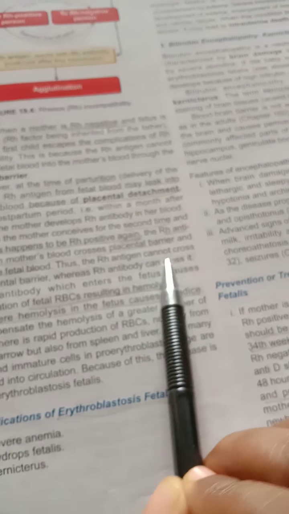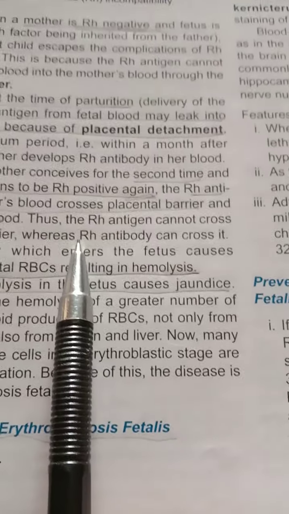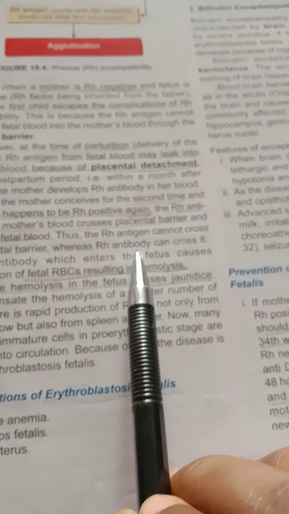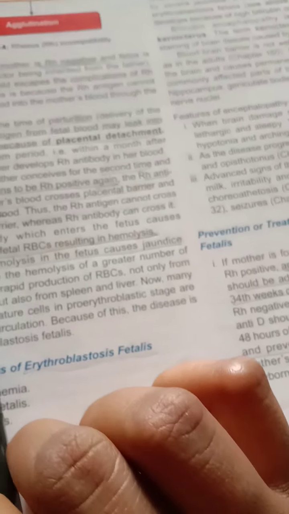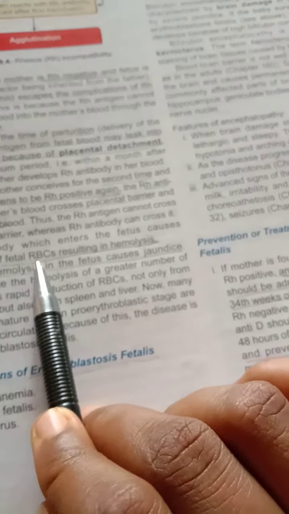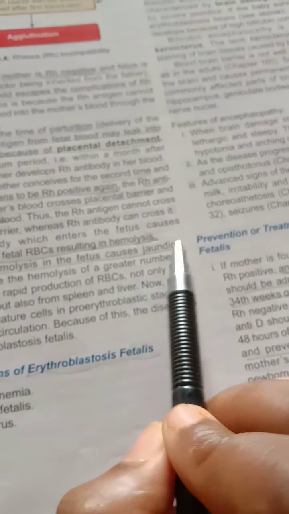The Rh antigen cannot cross the placental barrier, whereas Rh antibody can cross it. The Rh antibody which enters the fetus causes the agglutination of fetal RBCs, resulting in hemolysis. Severe hemolysis in the fetus causes jaundice.